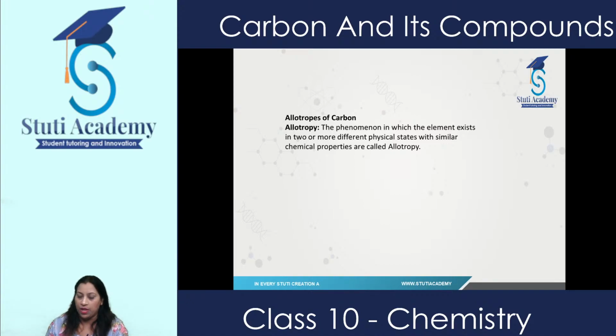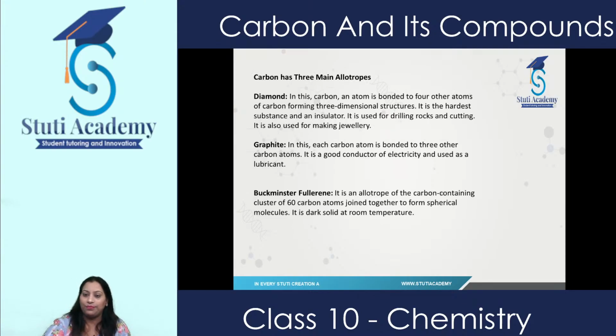of that element. Suppose we take an example of carbon, which is a very unique element, and carbon exists in nature in different forms, and that process is known as allotropy, and those forms of carbon are known as allotropes.